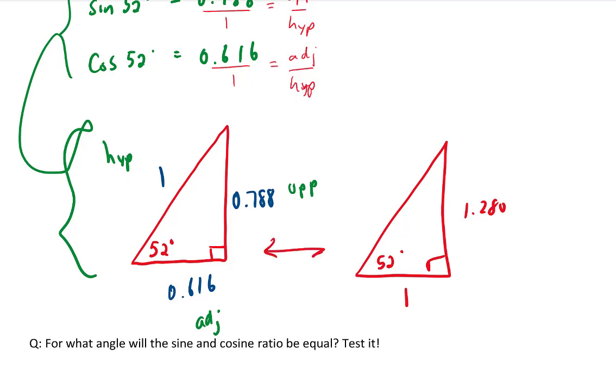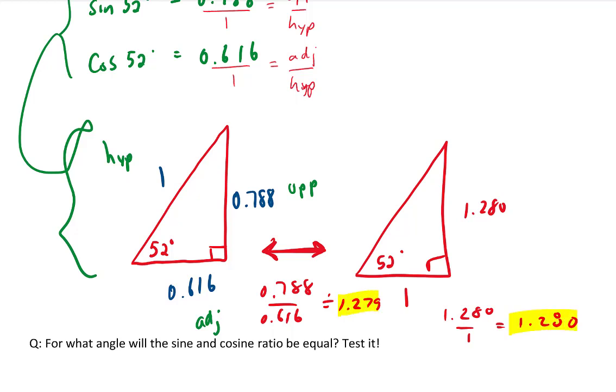These are the same or similar triangles. If I take 1.28 and divide it by 1, that gives me 1.28. That's on this triangle. 1.280 divided by 1 equals 1.280. Well, if you take 0.788 and divide it by 0.616, it's a little bit off, but it's about 1.279. Very close to the same number here.